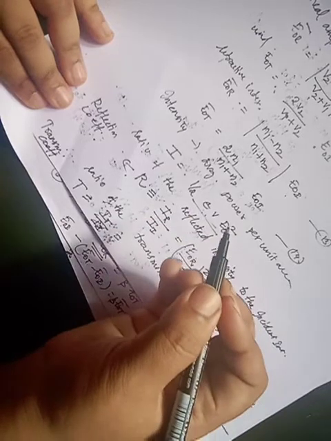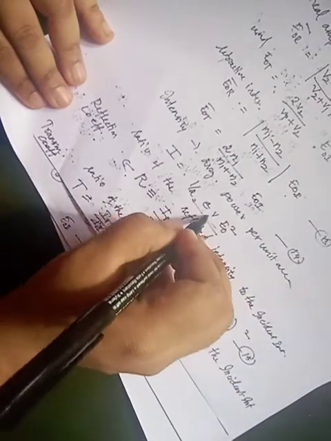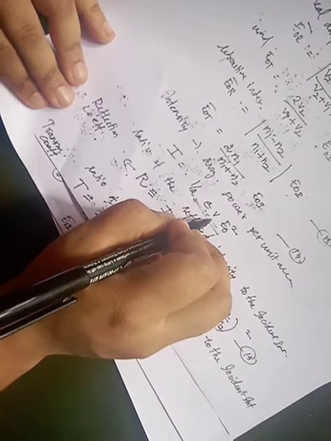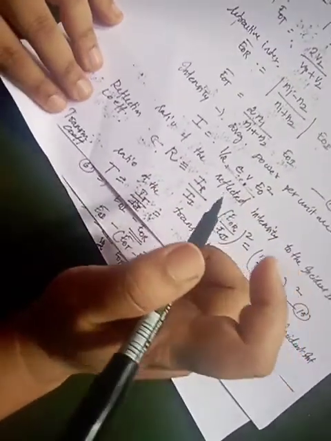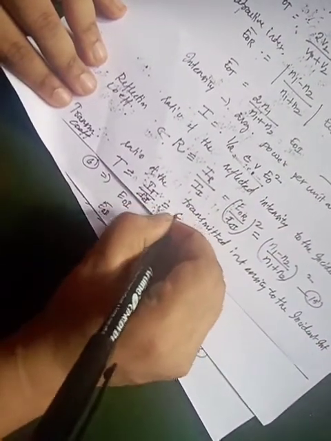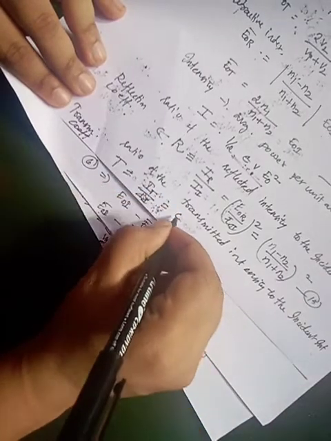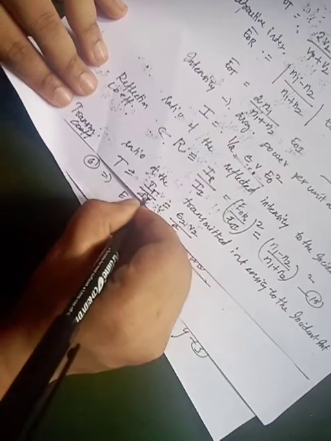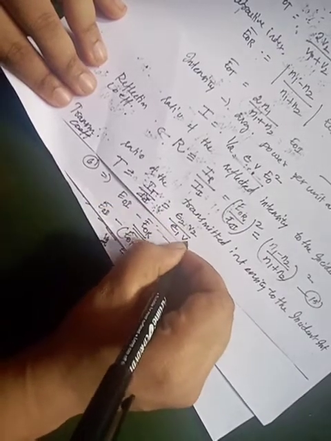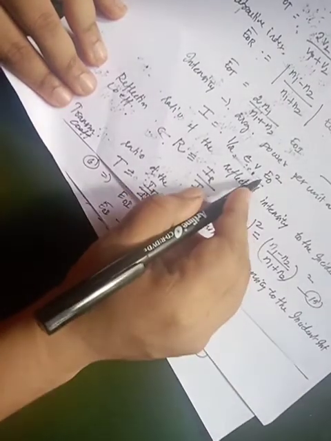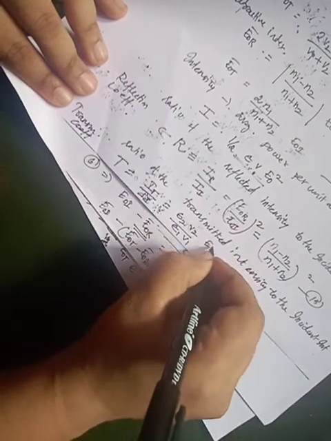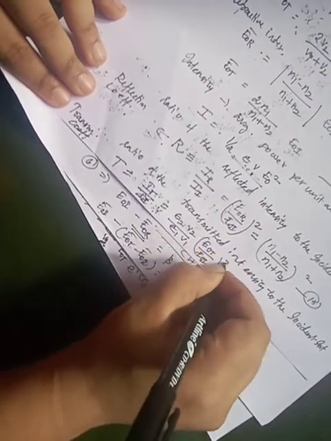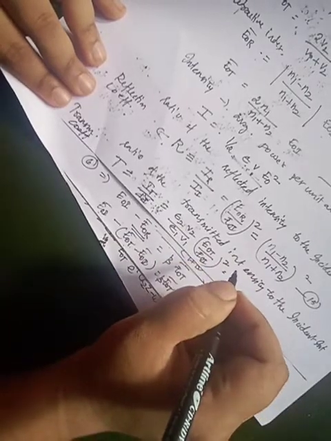So in medium 2 this value will differ, that is epsilon 2 V2 in medium 2, and epsilon 1 V1 in medium 1. So epsilon 2 V2 divided by epsilon 1 V1 into E naught T by E naught I the whole square.